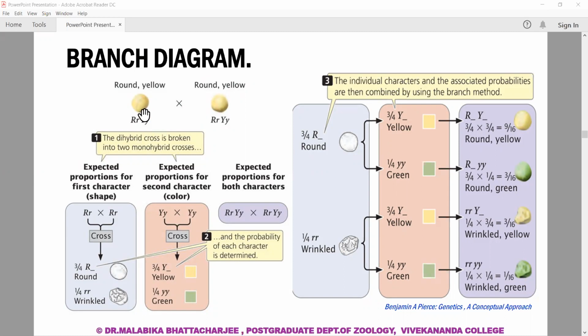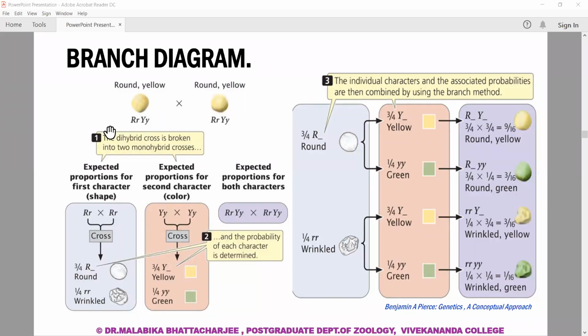Now, if the alleles are independently assorted, we can assume that the segregation of the round allele is independent of the segregation of the yellow allele. So we can take them separately as two possibilities. This falls under the multiplication theorem of probability. I'll come to that later on.